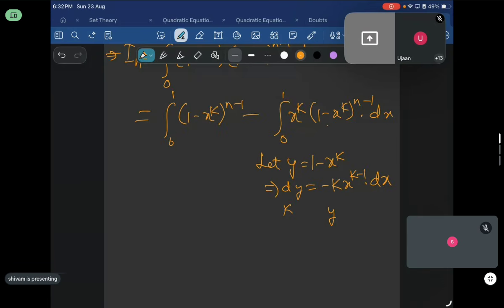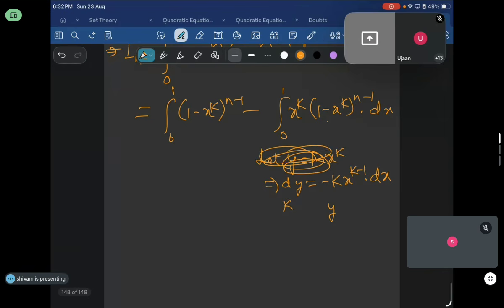Let's see. Wait, I'm thinking. 1 minus x to the power k whole to the power n minus 1, integral of x to the power k from 0 to 1.